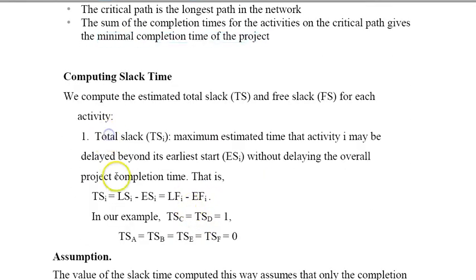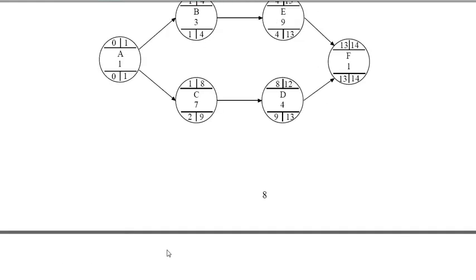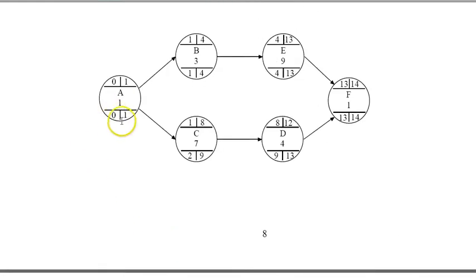So the slack of each activity can be computed simply by taking the latest start minus the earliest start, or the latest finish minus the earliest finish. So in our example, there will be two activities, C and D, with a slack of 1, and all others would have a 0 slack. So if we go back to the project, it's going to be this minus this, or this minus this, that's a 0.